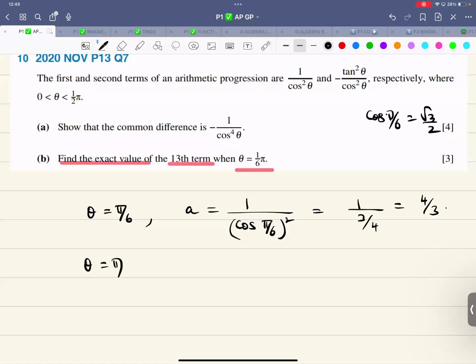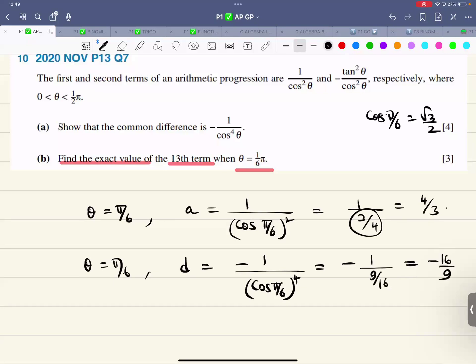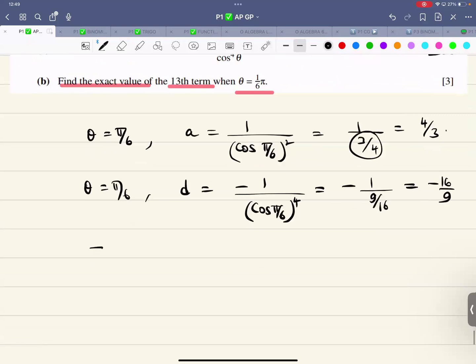When theta is pi by 6, common difference is negative 1 over cosine of pi by 6 whole power 4. This is negative 1 over, this 3/4 will become 9 over 16. Flip it, that comes out to be negative 16 over 9. And T13, that is A plus 12D, n minus 1, that is 12D.